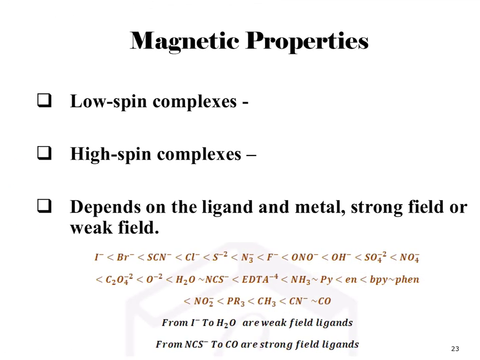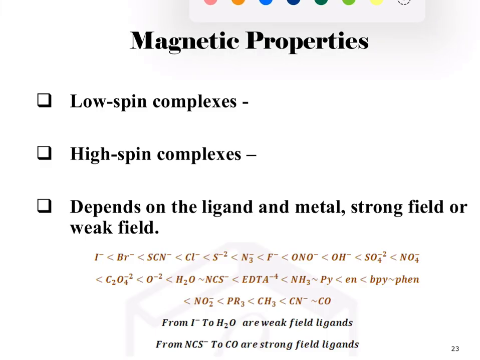So if we look at ammonia, we see that ammonia is a strong field ligand, right? It's a strong field ligand. The split is usually around, I believe right here, let me double check. Yeah, the split is between water and thiocyanate, right?